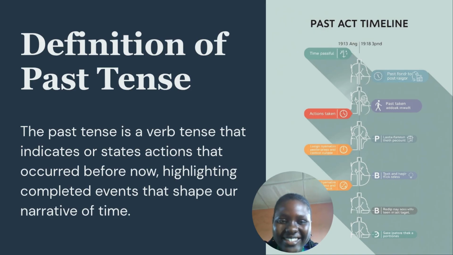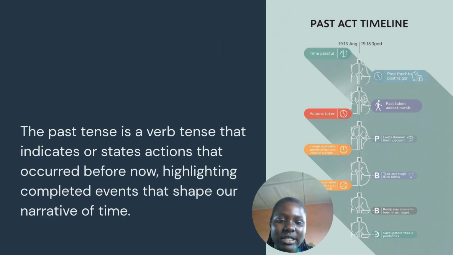Past tense. It indicates past tense because it is an action that has occurred in the past. Participated in the competition last week, not today, not next week, but last week. So come with me as we go further in it.